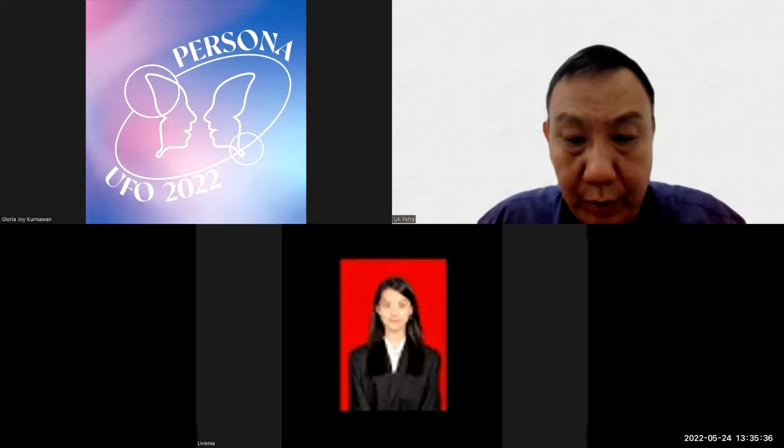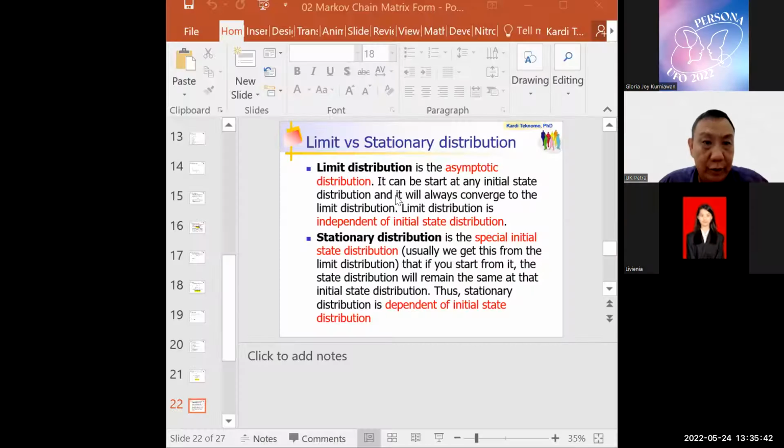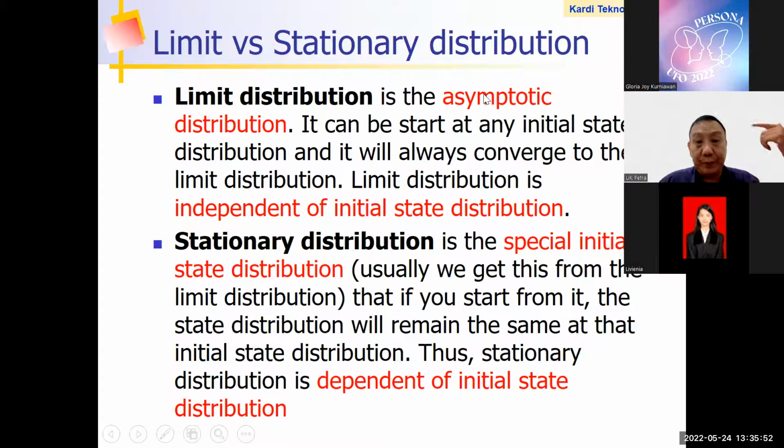So if you look at the slide, I mentioned there that actually the limit distribution, what's the difference between limit distribution and the stationary distribution? Limit distribution is the asymptotic distribution, right? Initially you move, and then eventually it will become a certain value.